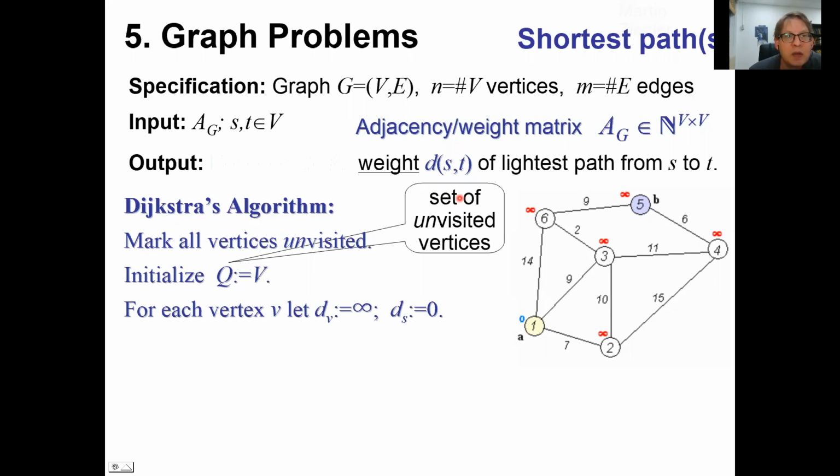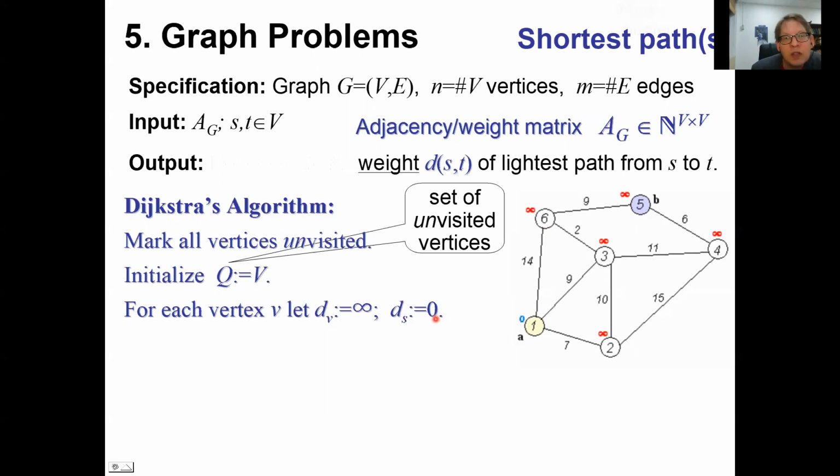And the first extract min operation can freely choose any vertex, well, except for the first vertex. No, that was wrong there. Let me correct that line. The start vertex is being assigned key value 0, so that the first extract min operation will surely extract the start vertex.